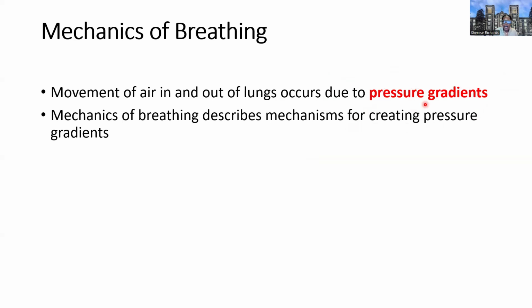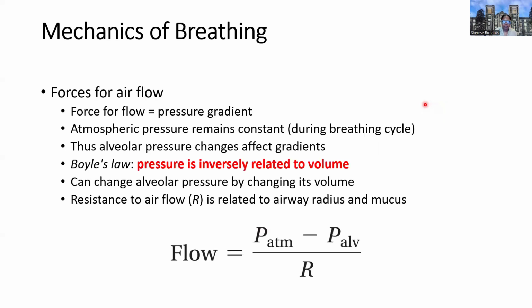And so we'll also talk about how Boyle's law comes into play, how the volume change can then influence the pressure change, and then we can have bulk flow of air. So the force for airflow is our pressure gradient, right?